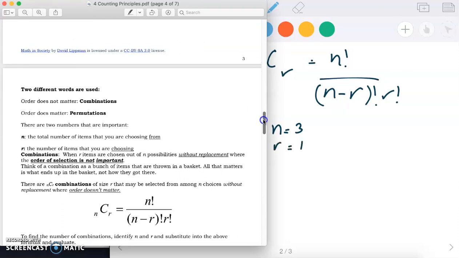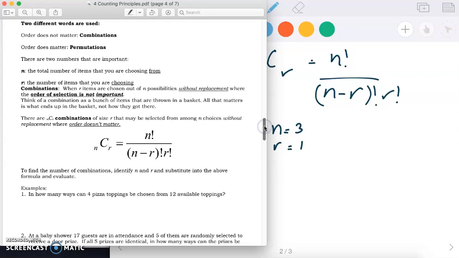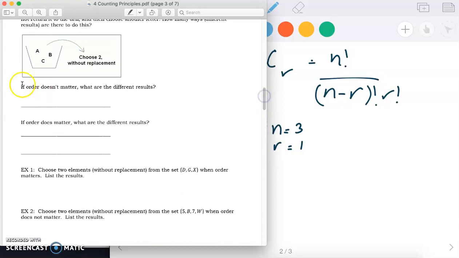So R equals 1. So if we were to write this out for what we just did for the combination, that's where order does not matter. So that was our first example where our answer was 3. We would say this equals 3 factorial over 3 minus 1. I was already thinking the answer in my head, sorry.